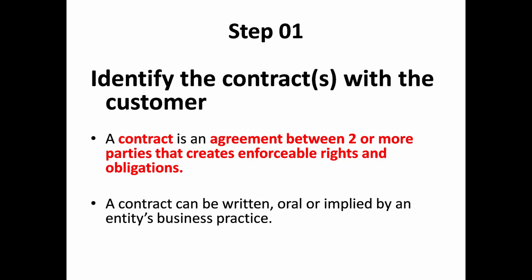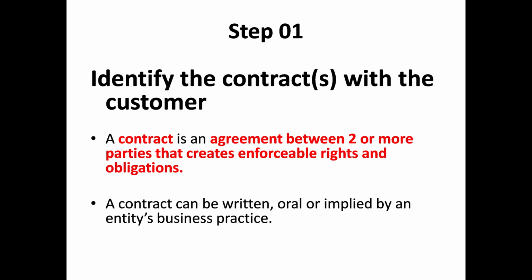Seller has the right to receive 1000 rupees, 10 hand sanitizer bottles at 100 rupees each. Therefore, seller has the right to receive 1000 rupees at the time of the delivery of these 10 hand sanitizer bottles. Now we are going to consider the buyer's part.